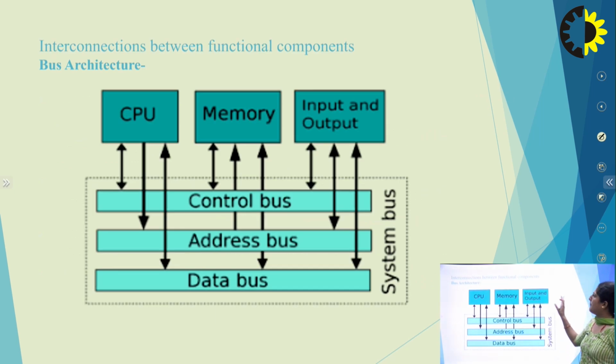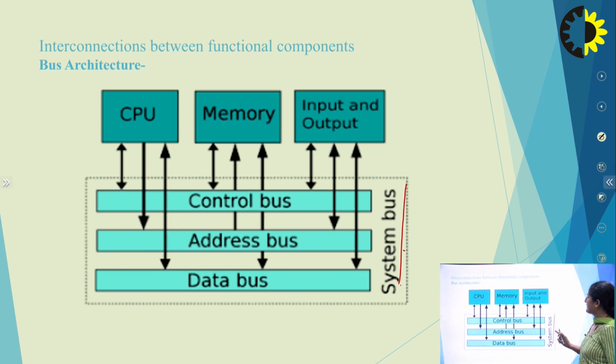So this is the bus architecture. As you can see, all the functional components, that is CPU, memory and input and output units, are connected by the system bus. What is the system bus? It is the fifth component of our computer system.